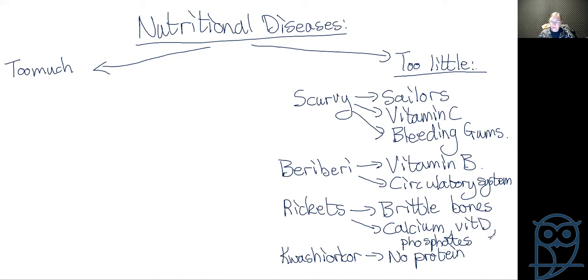And this just means that he has a diet where he's getting lots of starch, but no protein. So he's got the energy, but he doesn't have the building blocks to actually make muscle.